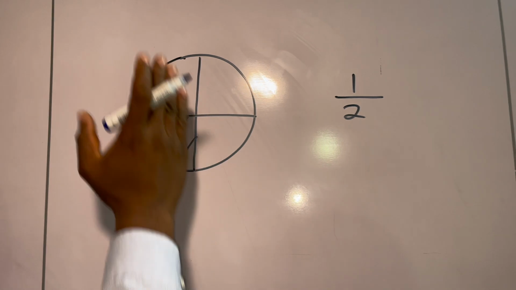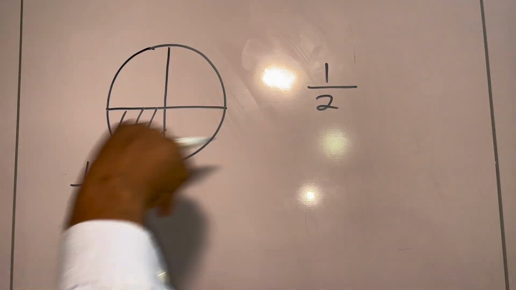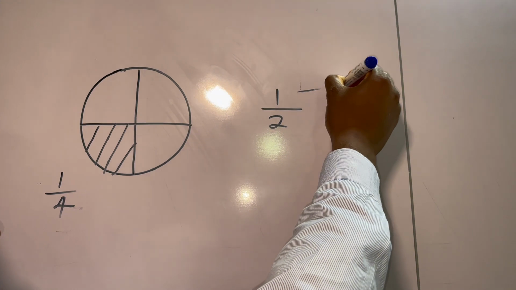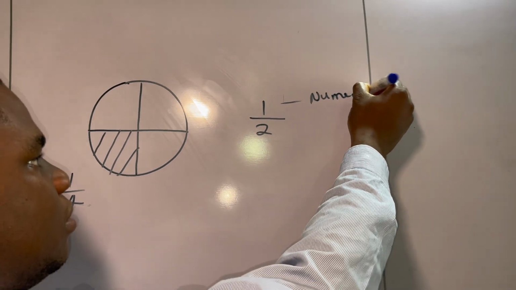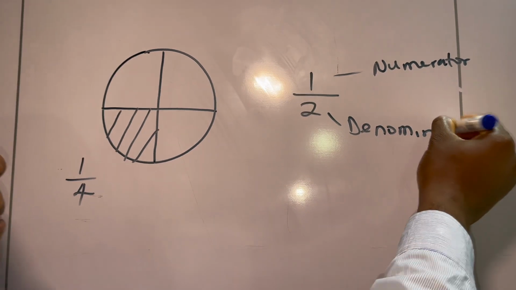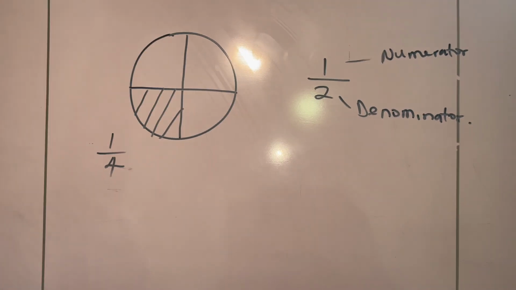In the other case, it was 1 out of the 2 parts. So this is the numerator, and this is the denominator for the fraction.